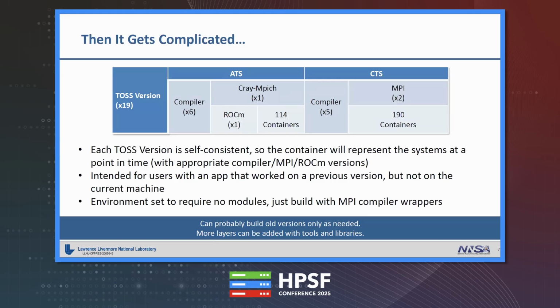But as the TOS versions come out, that just keeps accumulating more and more containers. CTS gets a bit more complicated. It doesn't have the GPU portion, but it does have 5 compilers and then multiple MPIs, and keeps going from there. So we're already up to 100 or 200 containers, depending on what system you're targeting. And like I said, TOS releases come out every month.